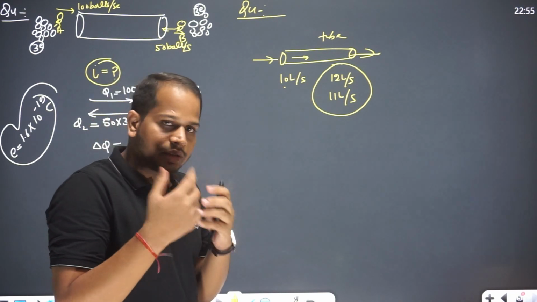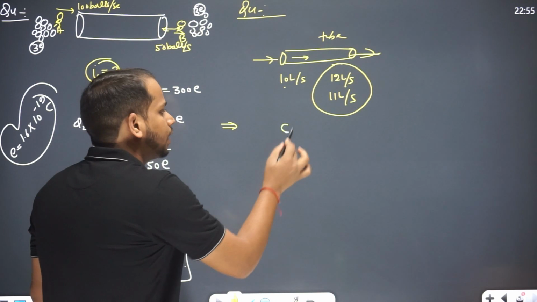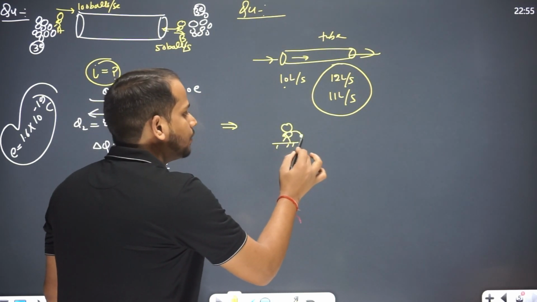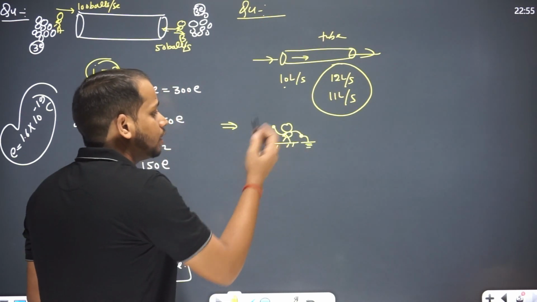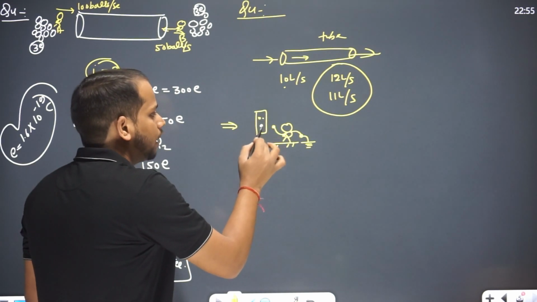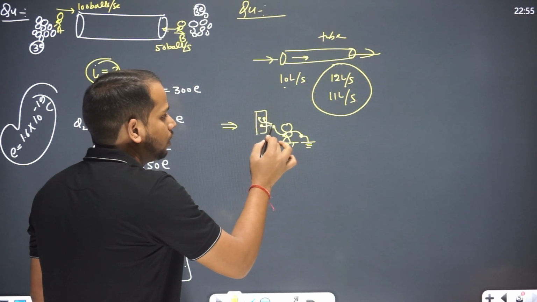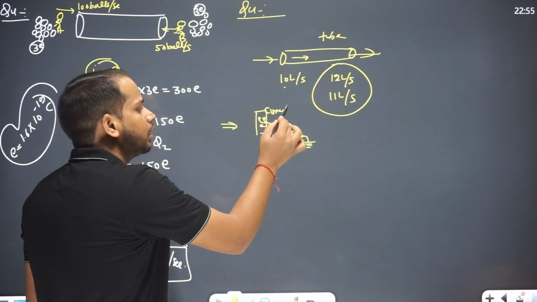Because let's consider it. If you are standing over here, and we have connected you with the earth, and on your other hand we are giving you a shock. Let's see what type of shock I am giving you. If we are connecting you with the current, then what will happen?